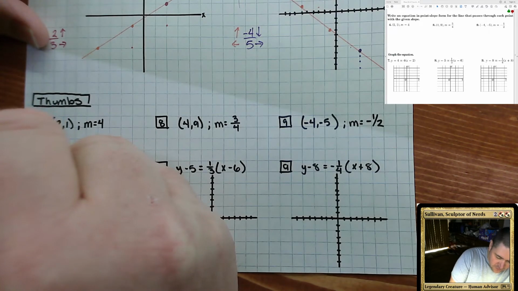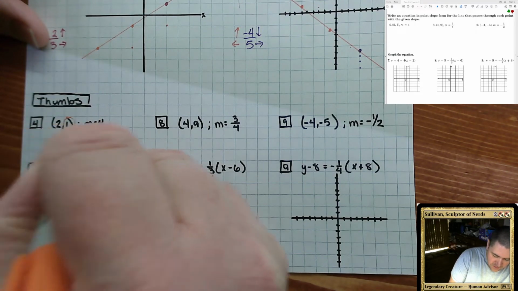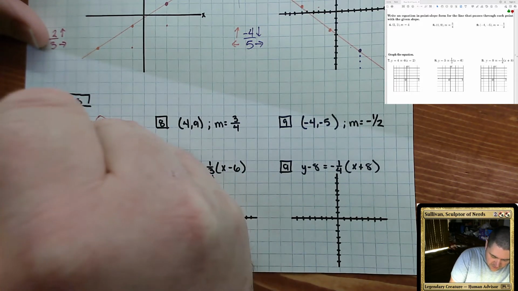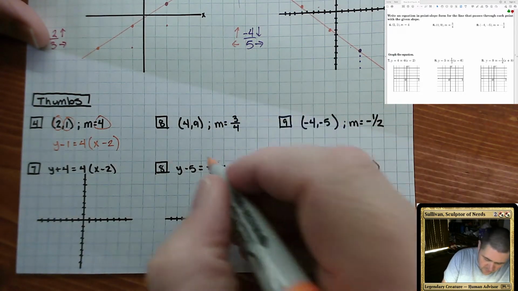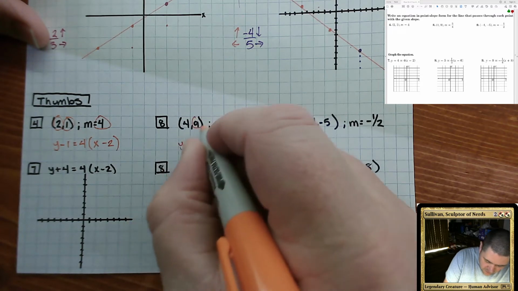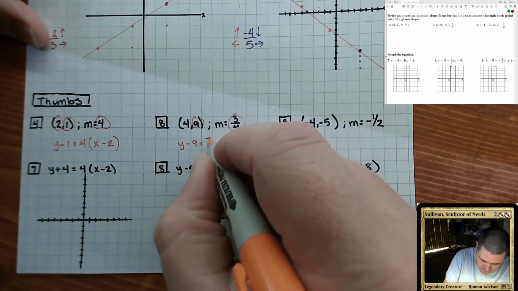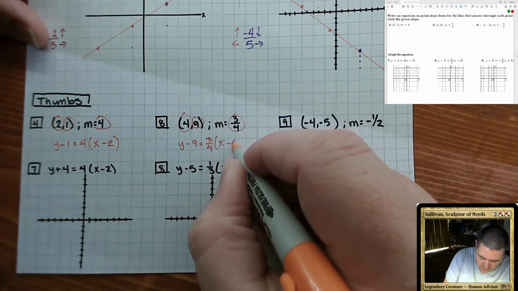We should have y minus y1 is m times x minus x1.